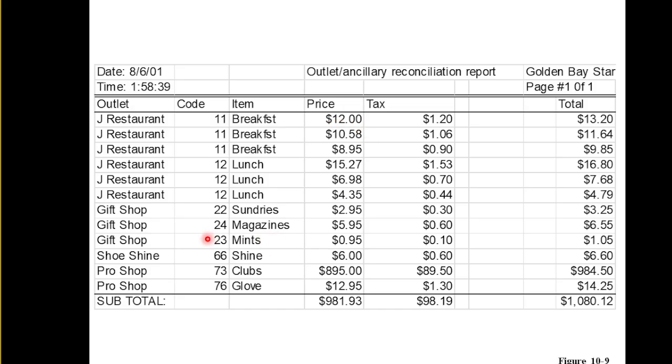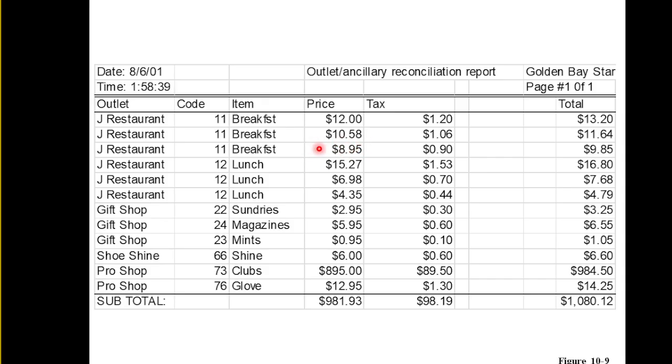As you can see, you have J restaurant, so it's the outlet. Then we have the code, the item, the price, tax, and the total. Under that, we have the subtotal. For breakfast, we have $12, $10.58, and $8.95.